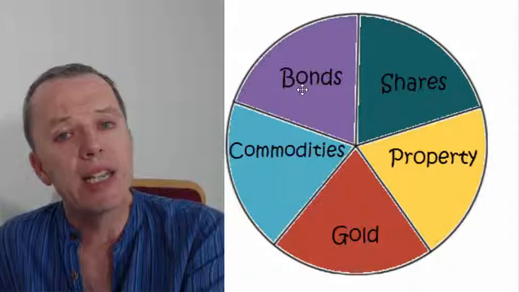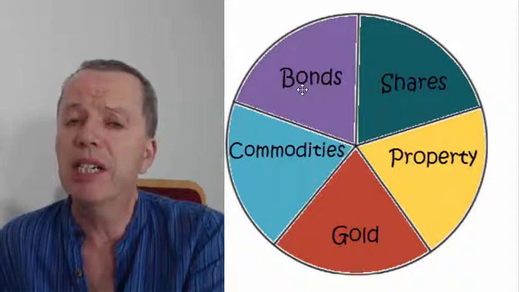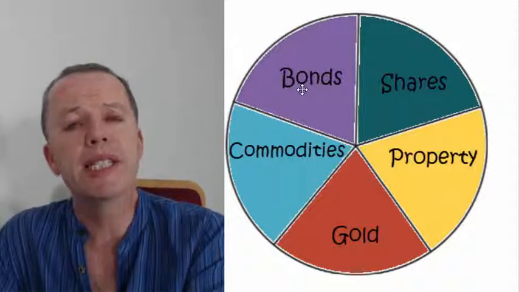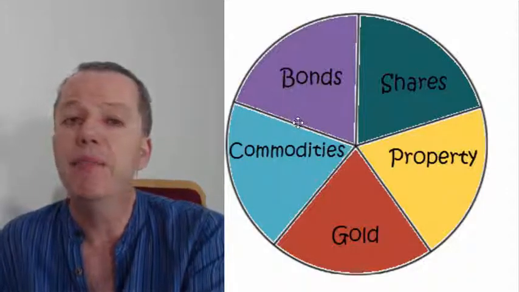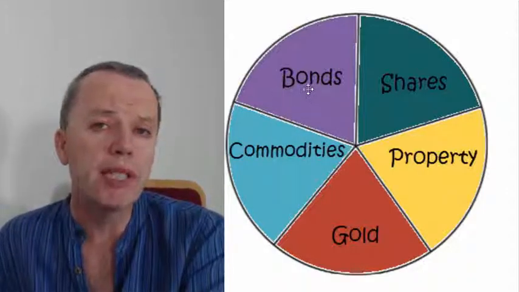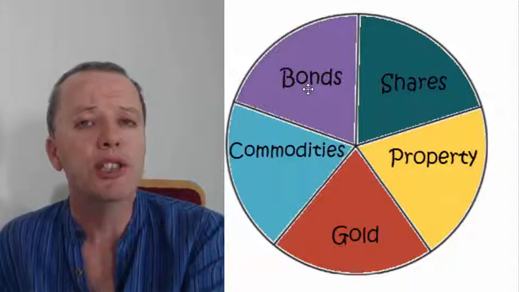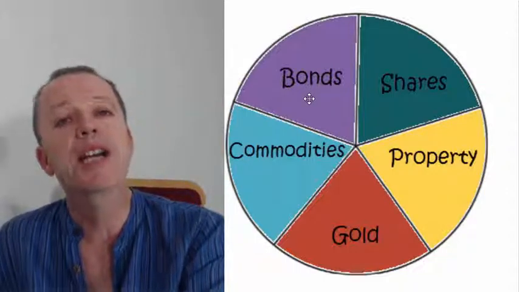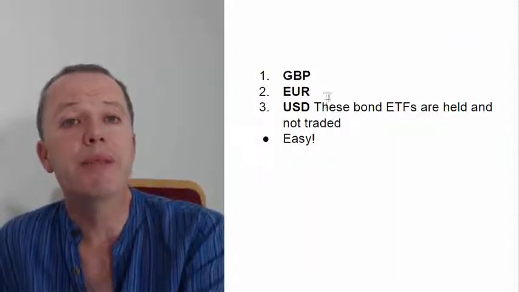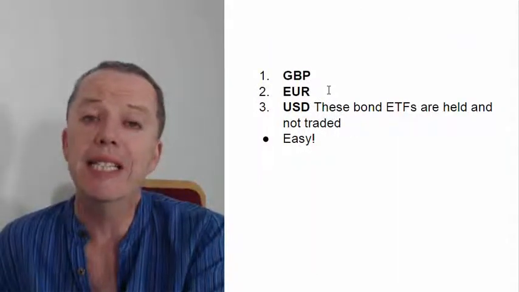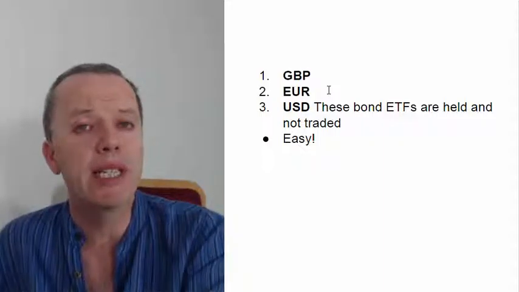Now, the next asset class is bonds, and I don't actually trade bonds because they tend to chop around their line in the sand quite a bit, and if I moved in and out of the bond funds that I hold, I would just erode all the value of the bonds. So I just hold them. I have 3 different bond funds, one denominated in British pounds, one denominated in euros, and one denominated in US dollars.